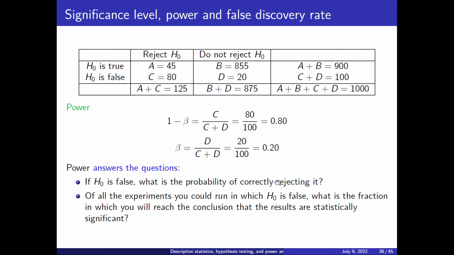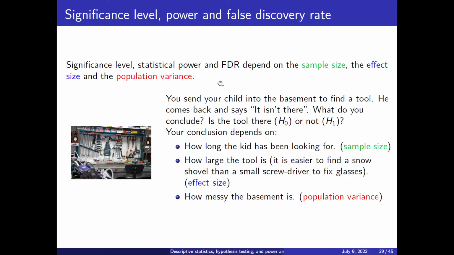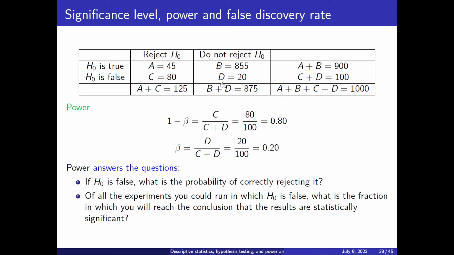That is the statistical power. So the significance level and the statistical power reason by rows. The false discovery rate reasons by columns, and we will not get into these details just to not make it too long, but it is a reasoning by columns.